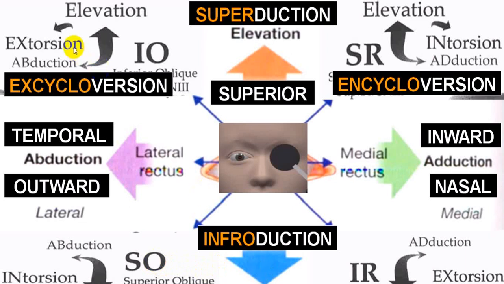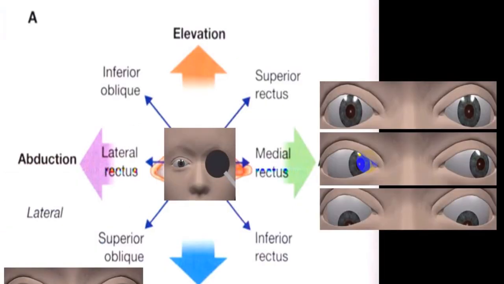Extorsion will be done by inferior oblique and inferior rectus, while intorsion will be done by superior oblique and superior rectus. So these are the permutation combinations of different eyeball movements and terminology. And we have mentioned the action of muscles. Now to understand the action of muscles, we'll be showing you some slides.